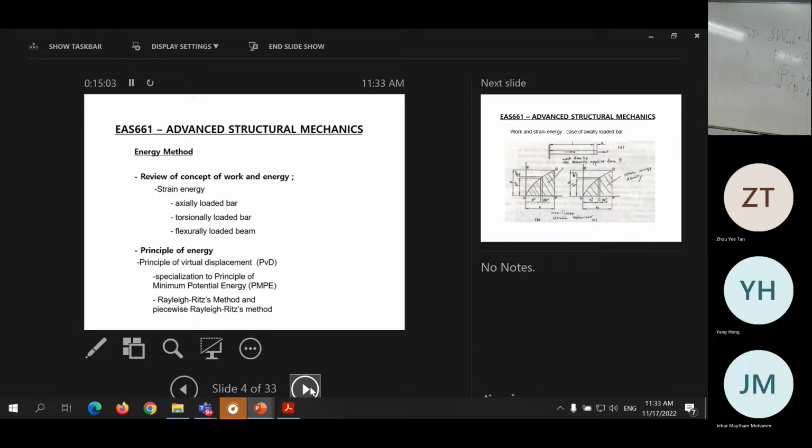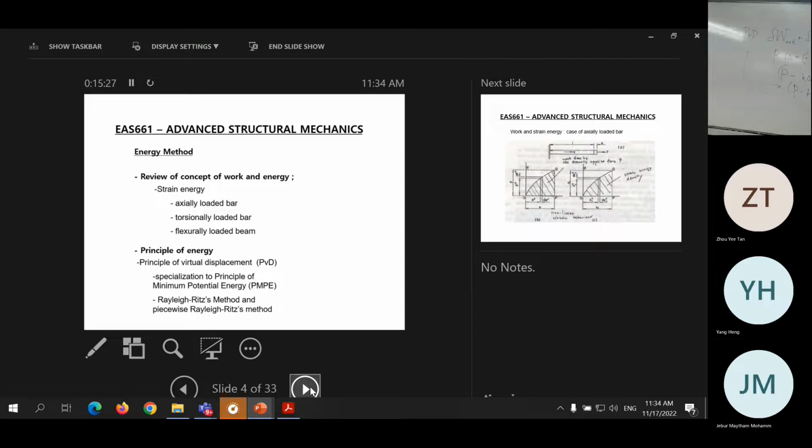So we will specifically look at application of energy method to solve 1D problems, the principle behind, and to solve problems using energy method, we need to know how to get the strain energy. Strain energy is something which is stored in the structure when it is deformed.